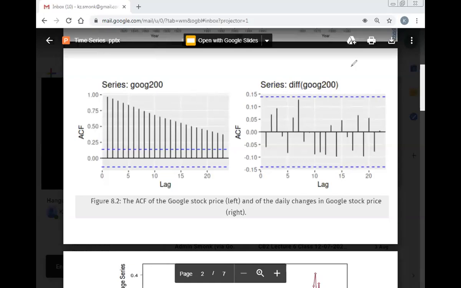Yeah, so we can easily see that these bars are tapering down, but they do not cut off to zero, right? They're decaying slowly and gradually.